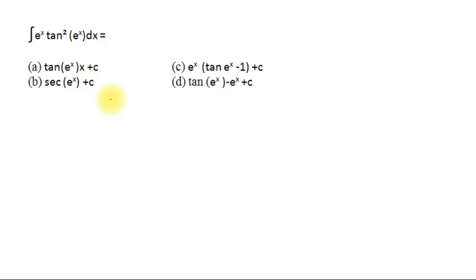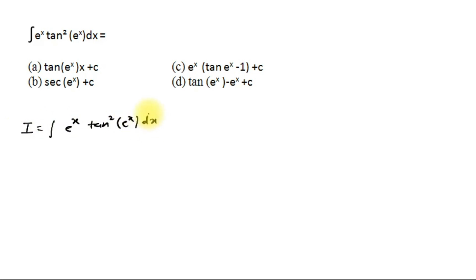Hello dear student, this is your question. Here we have to find out the integration of e to the power x tan square e to the power x dx. So first of all, we write I is equal to the integration of e to the power x tan square e to the power x dx.